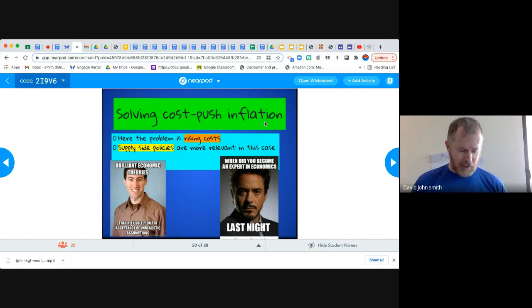So the point here is when you are evaluating inflation and inflation policies, it's about bringing up alternatives. It's about discussing the effectiveness of particular policies. So is contractionary fiscal policy always effective at reducing inflation?